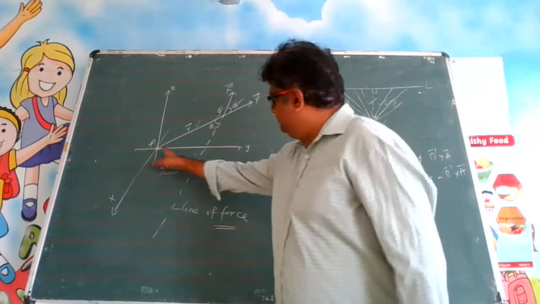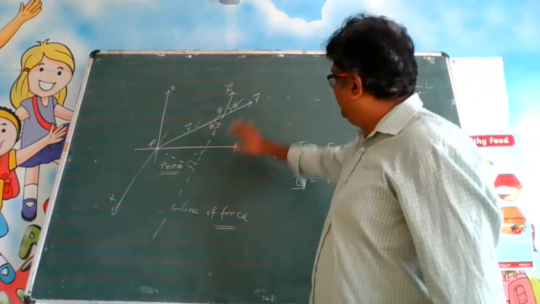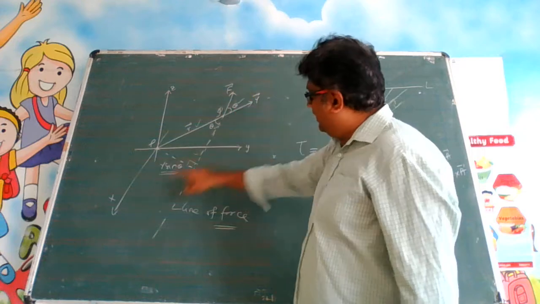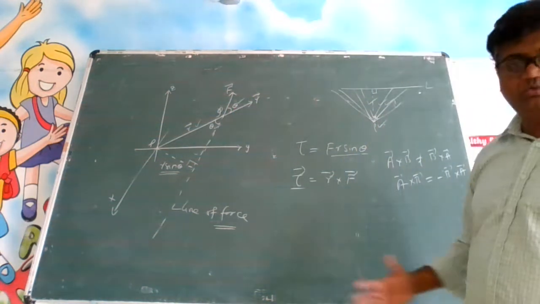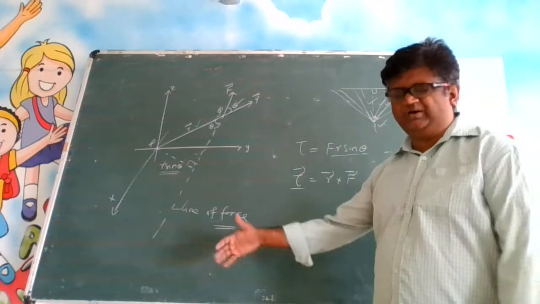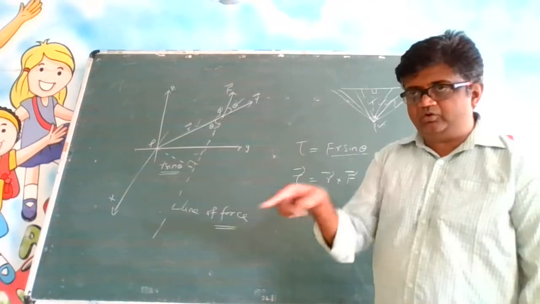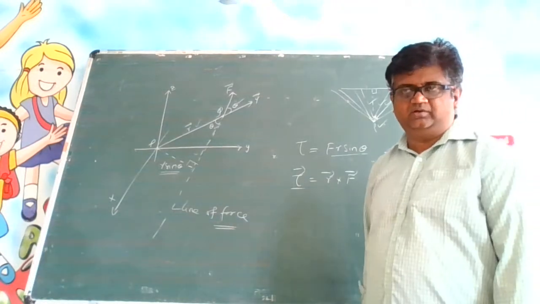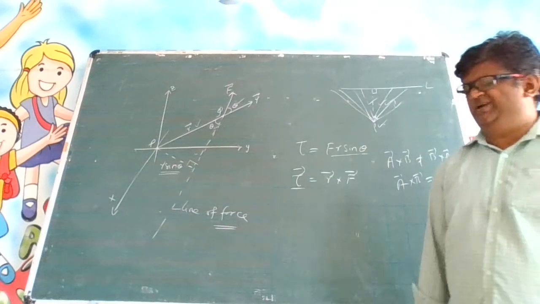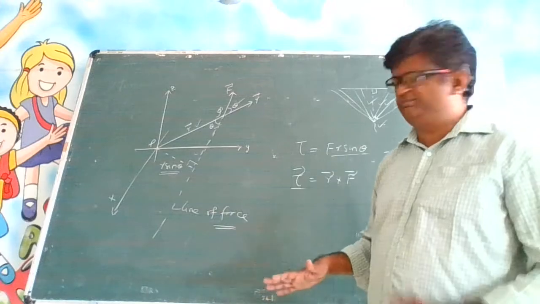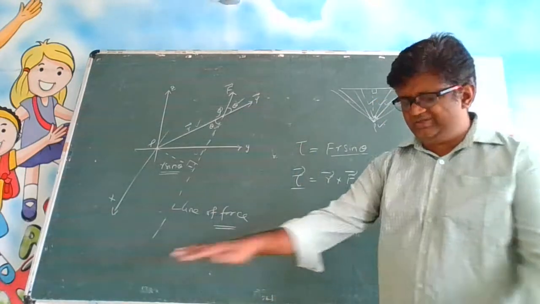Now look, this is y, this is x. Let us say F and R are in the xy plane. If you take a room, it will have a floor. That floor you call x and y. So what will be the wall height? It will be z. So imagine you are on a floor and this F and R are on the floor.